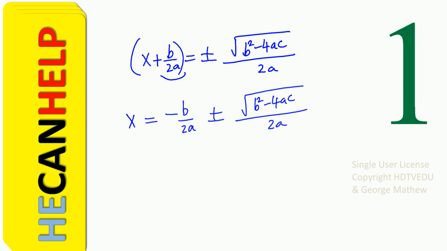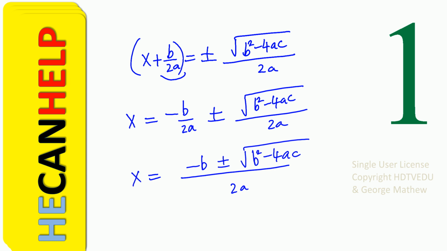And 2a is common to both negative b over 2a and the square root of b squared minus 4ac divided by 2a. So we take the common denominator, and you have negative b plus or minus the square root of b squared minus 4ac. So the solutions for x are negative b plus the square root of b squared minus 4ac divided by 2a, and negative b minus the square root of b squared minus 4ac divided by 2a.